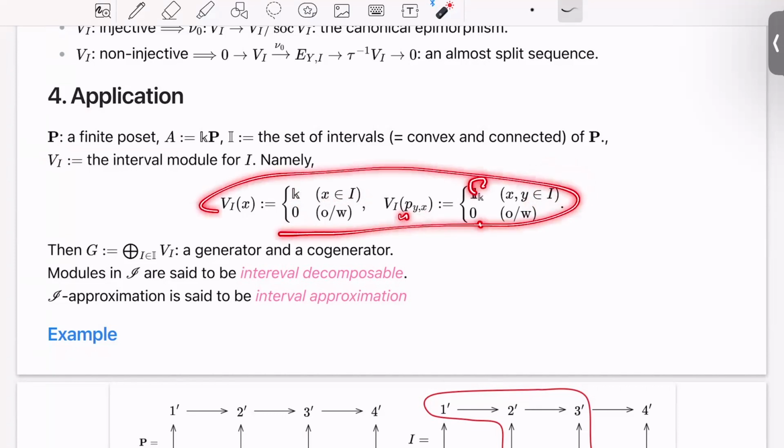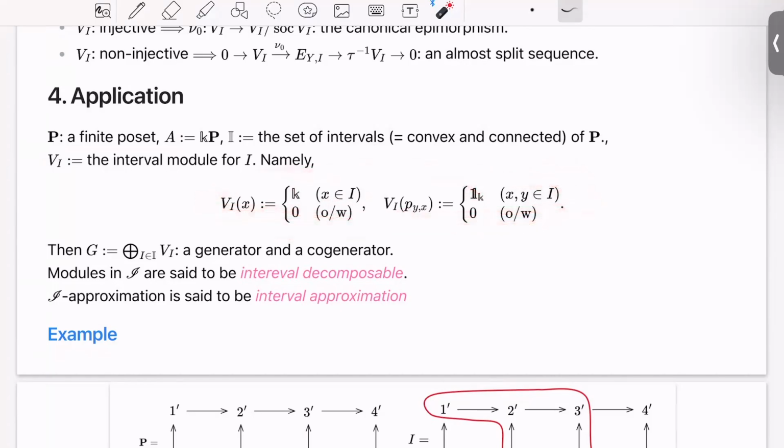So it is a very simple module defined by I. Then take G to be the direct sum of all interval modules. In this case, as I said, the modules in I are called interval decomposable. And I approximation is now called interval approximation.